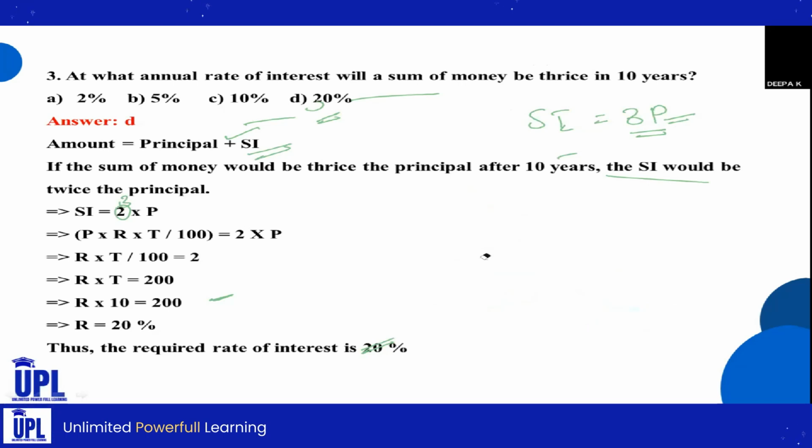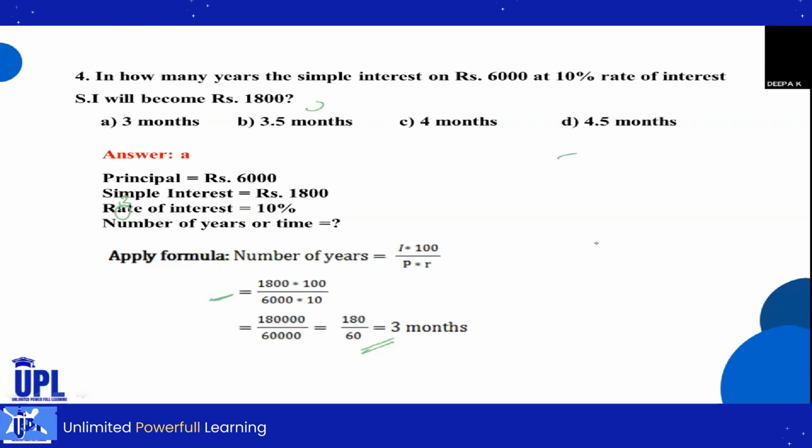Next question. In how many years will the simple interest on rupees 6,000 at 10% rate of interest become 1,800? So here we have to find the time, the number of years.